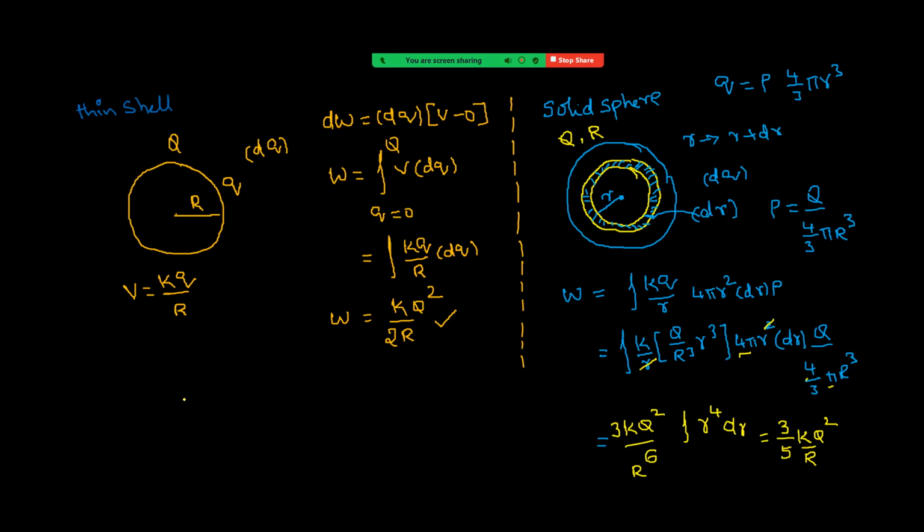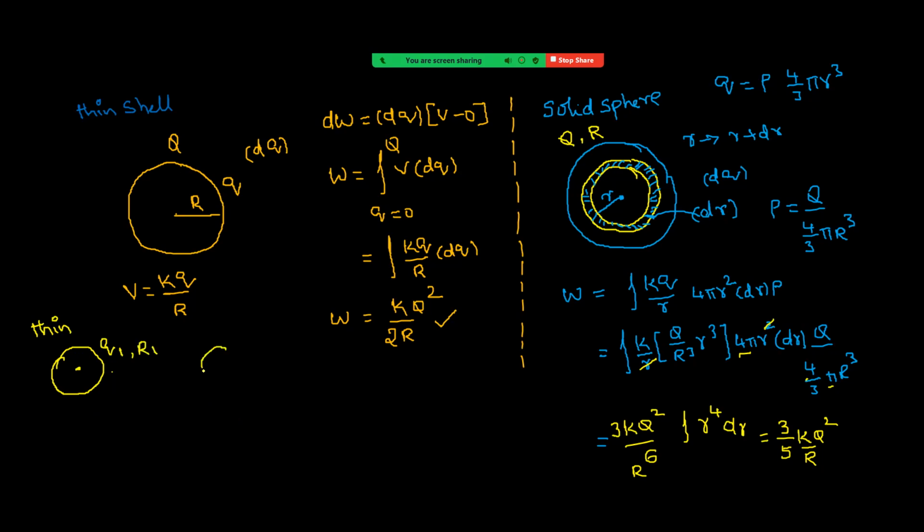Suppose a question is given like this. This is one thin shell. Charge is taken as Q1, radius is R1.